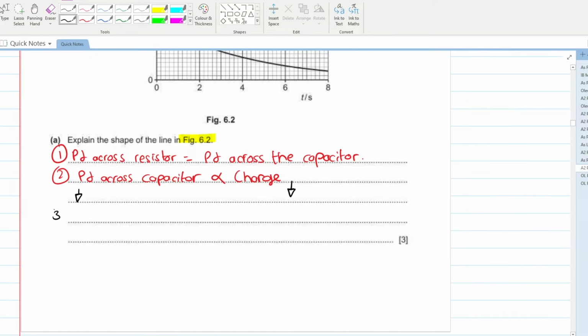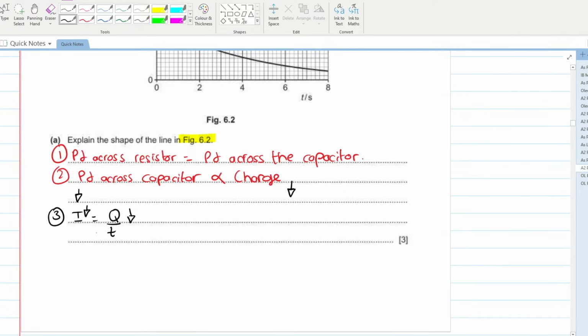Since we know that current is equal to charge divided by time, if charge decreases, current will also decrease. And as charge keeps on decreasing, current keeps on decreasing.